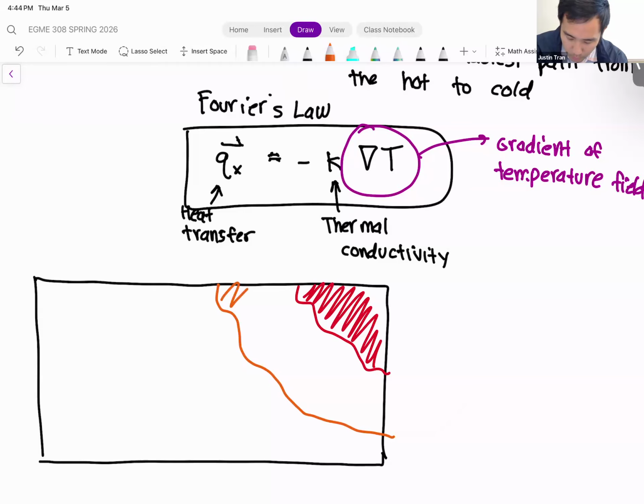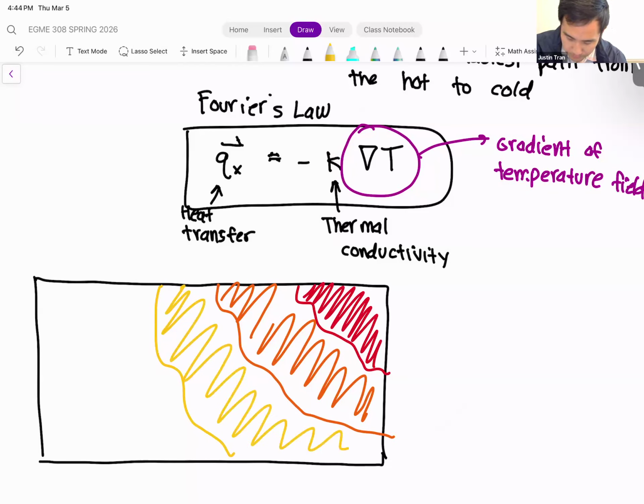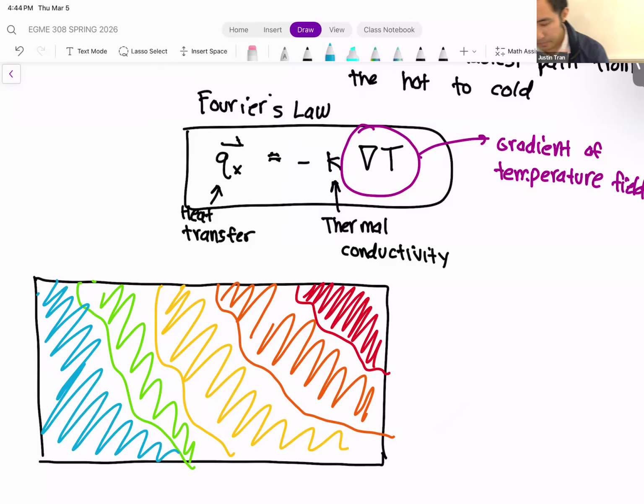We have a warmer region here, and a cooler region here, green, and then blue. So our temperature field looks like that, where the red is the hottest temperature and the blue is the coldest one.